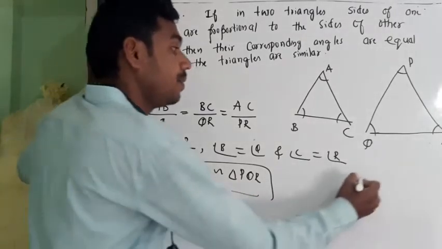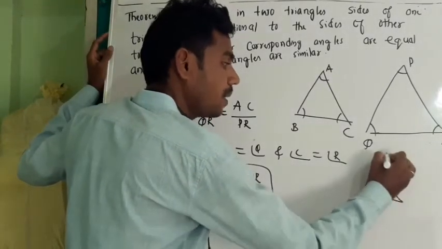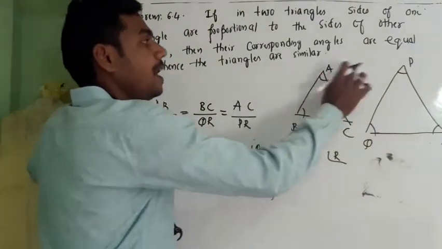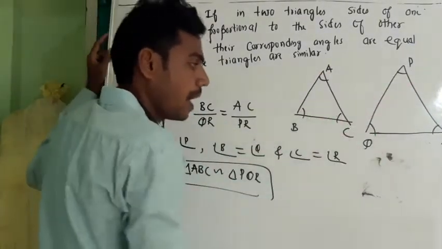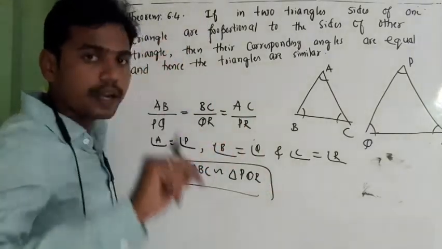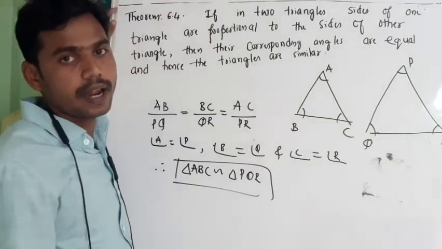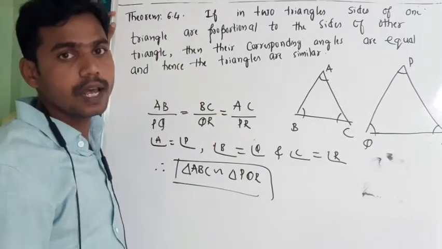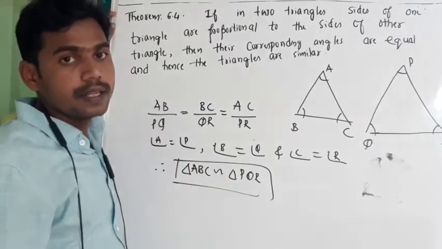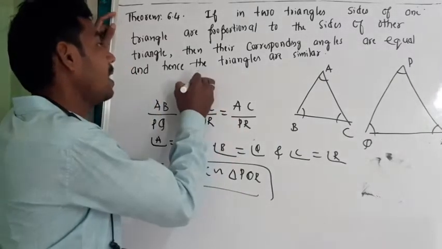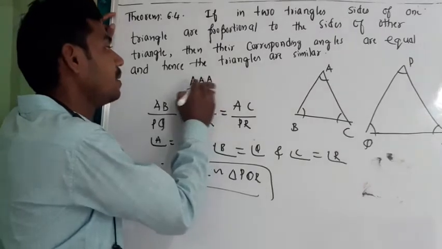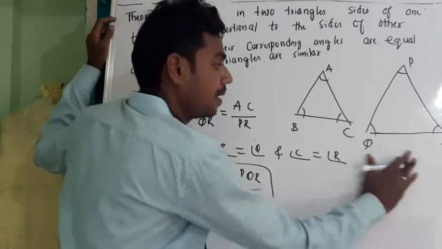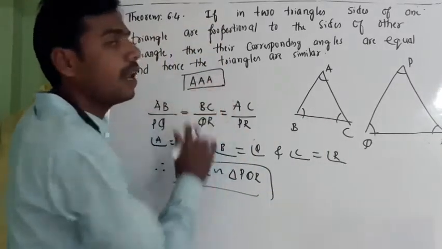And even if two angles of ABC and PQR, angle A equal to angle P and angle B equal to angle Q, are equal, then also the corresponding sides will be proportional and the two triangles will be similar. So earlier we used that criteria, called angle similarity criteria. Here in 6.3 it is called angle criteria.